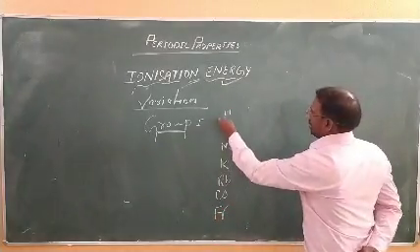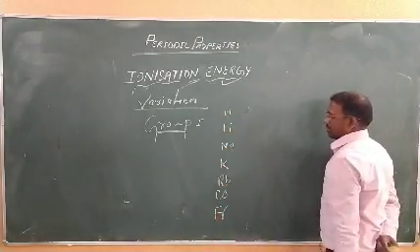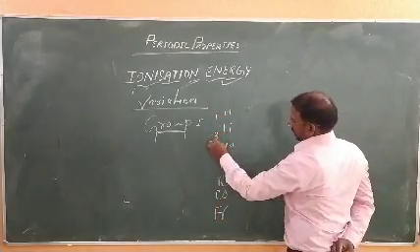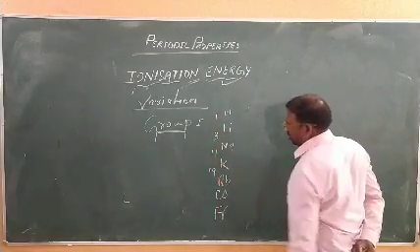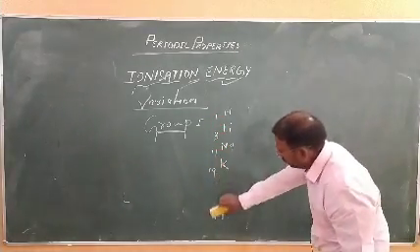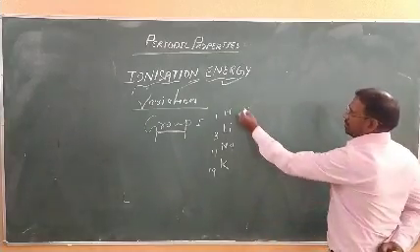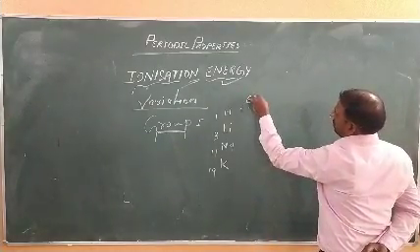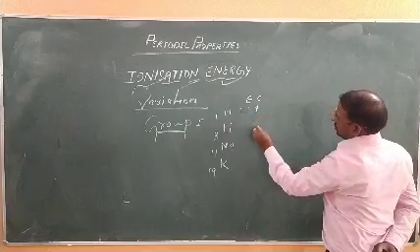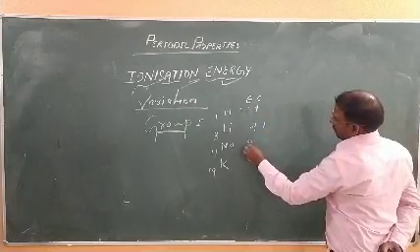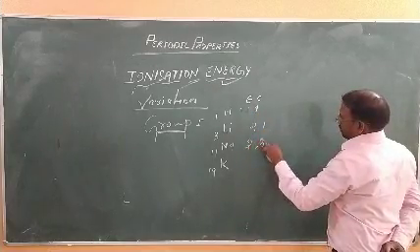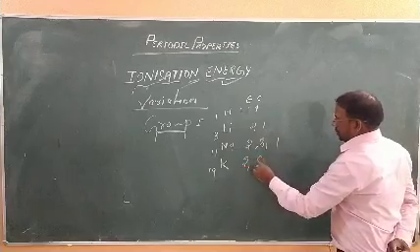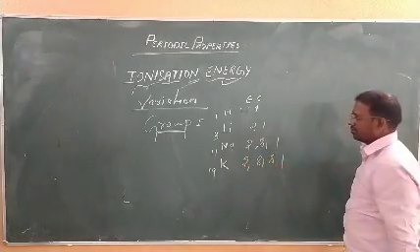Hydrogen, lithium, sodium, potassium, rubidium, cesium, francium, with atomic numbers 1, 3, 11, 19 and so on. I am giving only three examples. Suppose you write the electronic configuration: 1, 2-1, 2-8-1, 2-8-8-1.